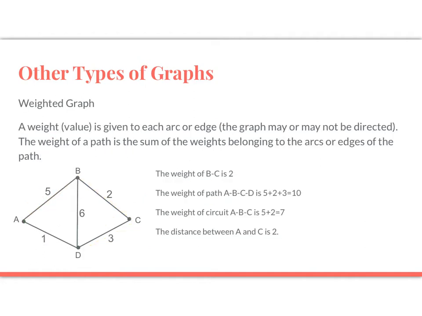Now, a weighted graph is basically one where every edge has a value given to it. What these can be is, if we were making a road network, they would help us with distances. So it could be kilometers, kilometers, kilometers.